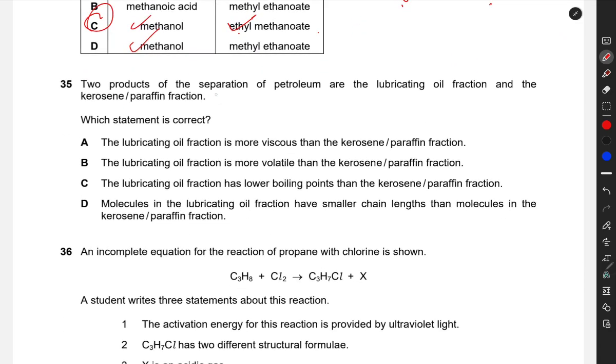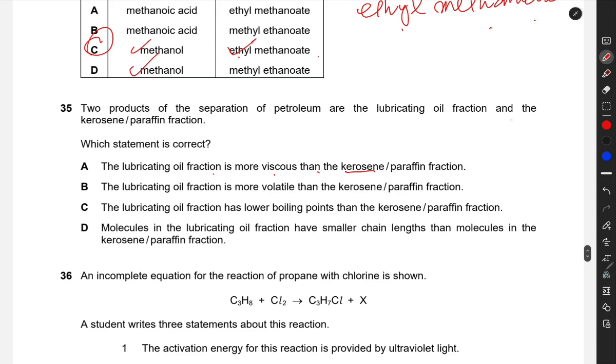Two products of the separation of petroleum are the lubricating oil fraction and the kerosene paraffin oil. Which statement is correct? The lubricating oil fraction is more viscous than kerosene. Yes, this is the arrangement of fractions.